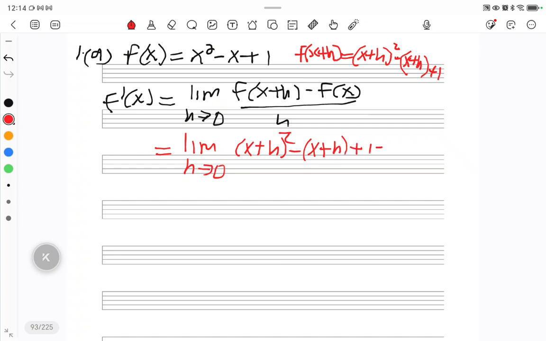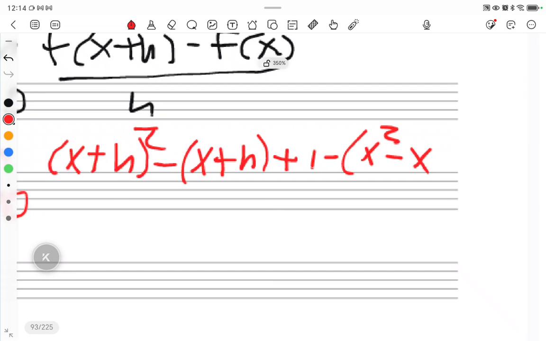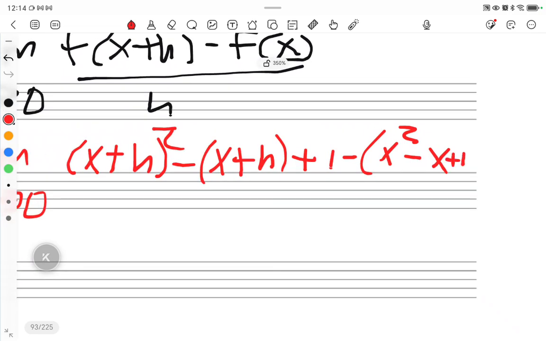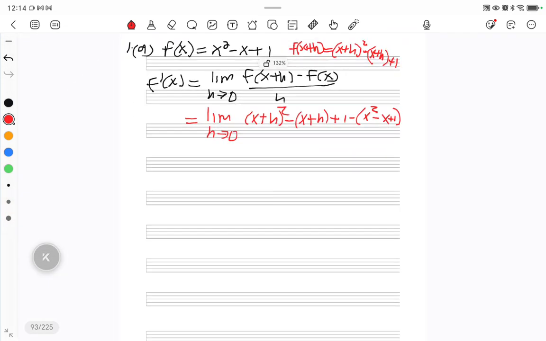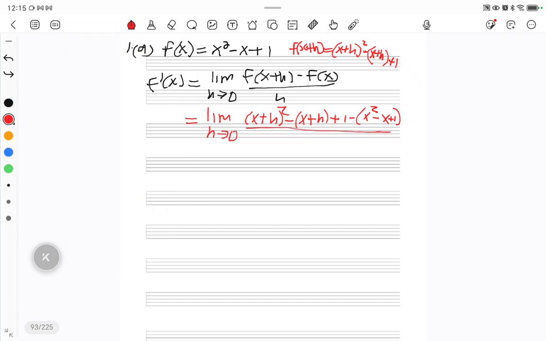And our f of x will be minus x squared minus x plus 1. All this will be over h, right?